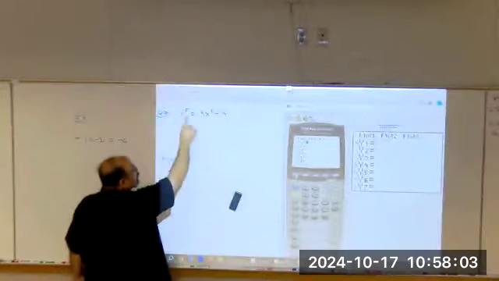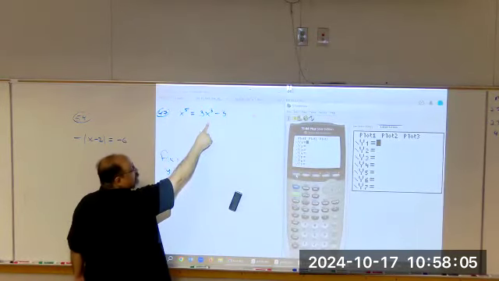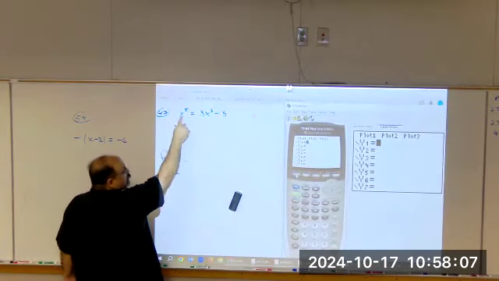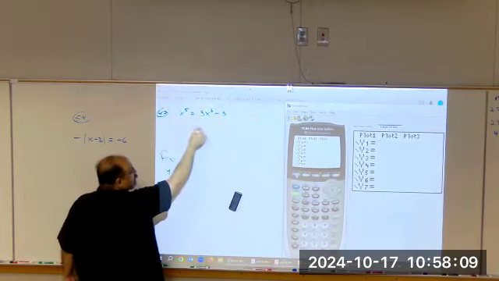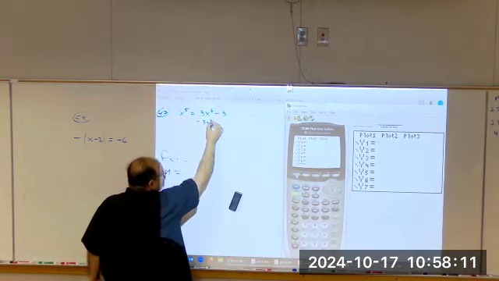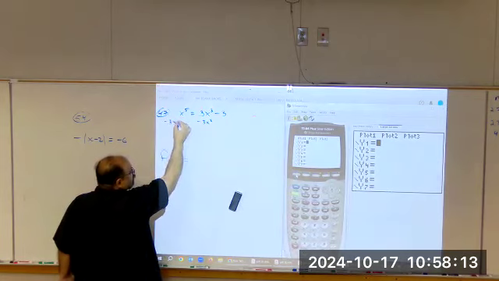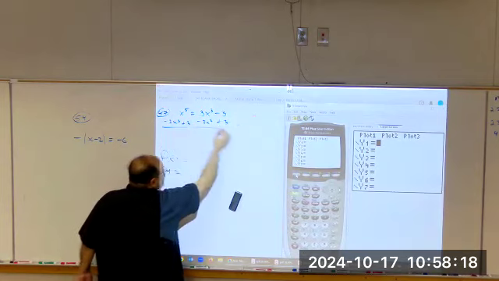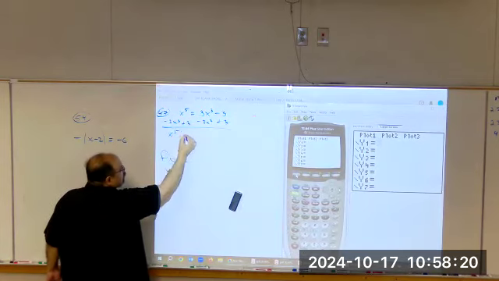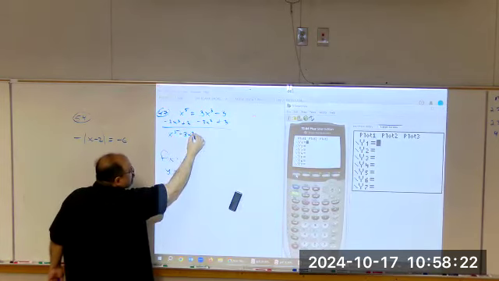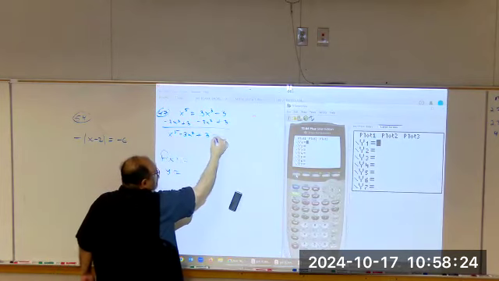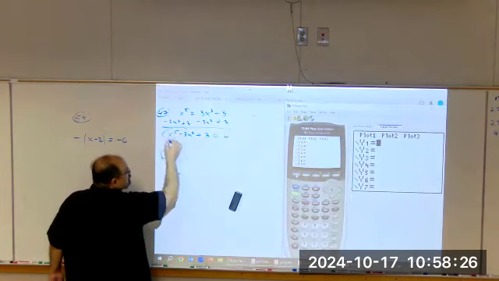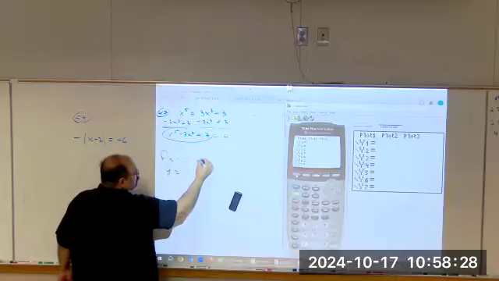I know moving one thing to the right would be nicer, but we're moving these two to the left because I want to keep this positive. So I'm going to subtract 3x to the third from both sides. I'm going to add 3 to both sides. And I have x to the fifth minus 3x to the third plus 3 equals 0. So this is my function.